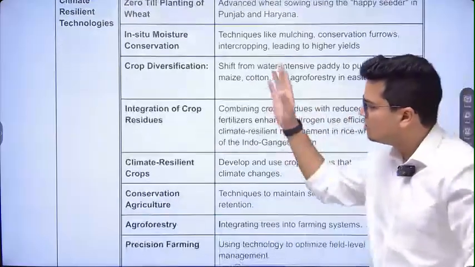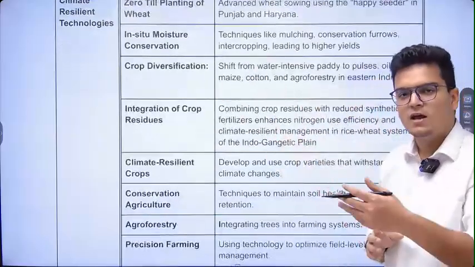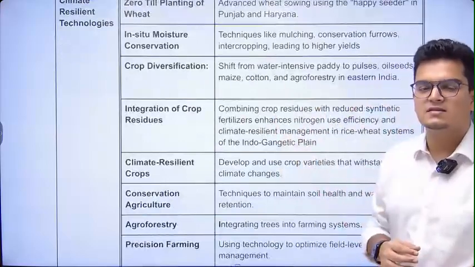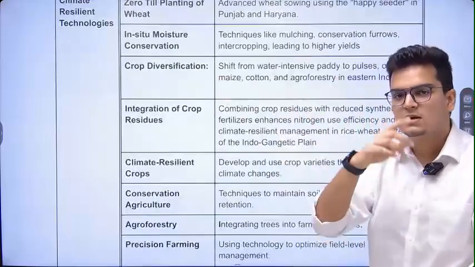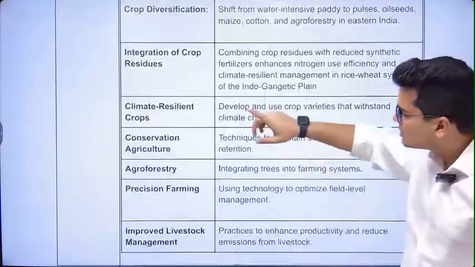Then there is the idea of crop diversification. Crop diversification going away from rice and wheat system to climate smart crops. Example of climate smart crop is millets. Integration of crop residues.